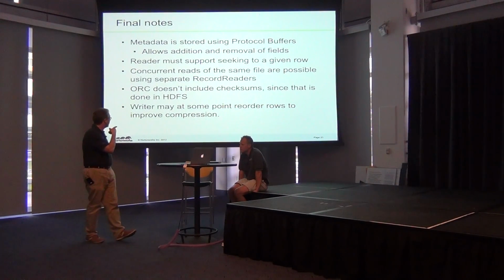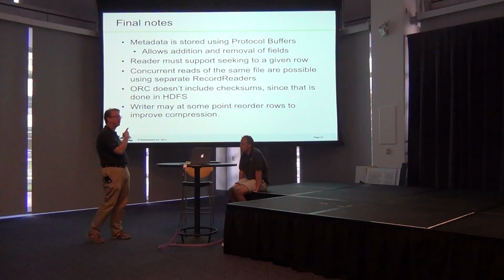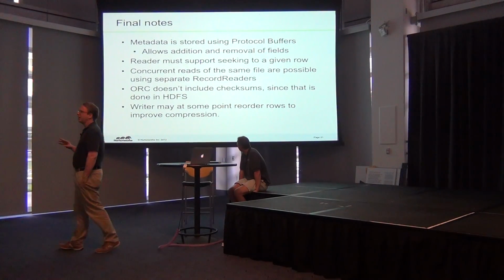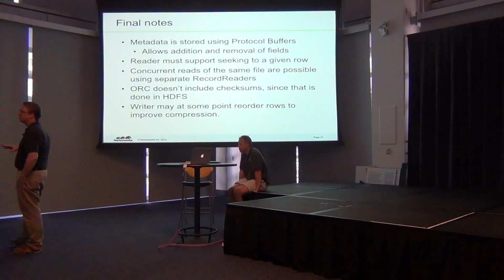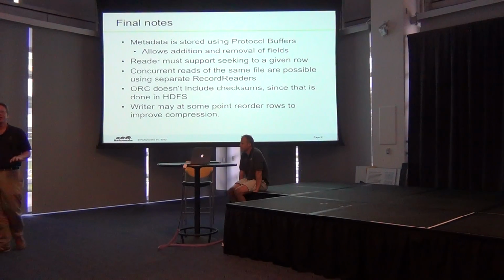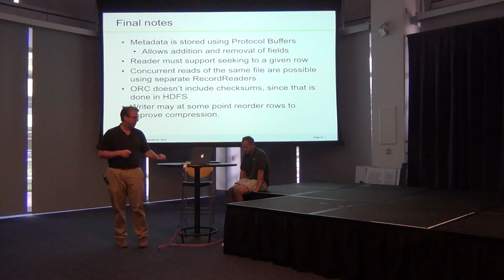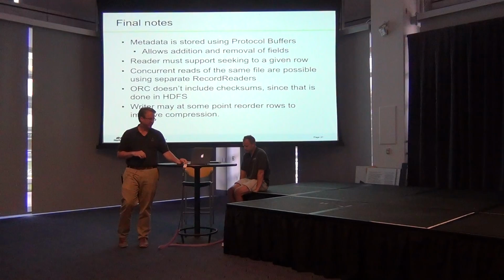I guess one limitation that I'll probably need to fix is that HDFS currently does checksums all the time. You can't turn it off. And so I didn't put checksums into the format. It would be easy to add those later. And at some point, the writer may reorder rows to improve the compression.